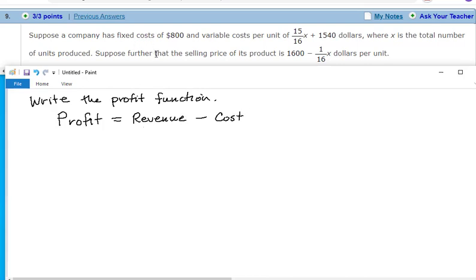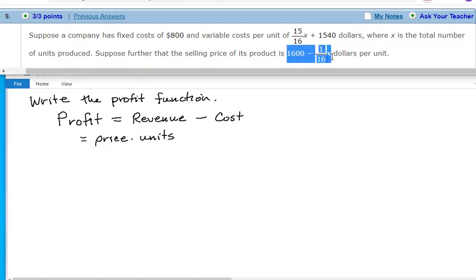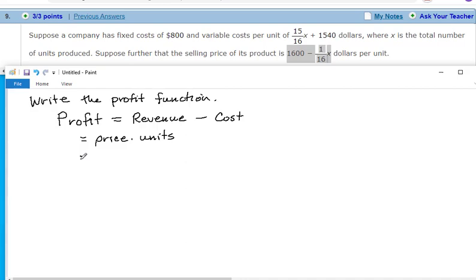Do we have a revenue function given? No. Okay, well then revenue is price times the number of units. Do we have that? Yes, the selling price is a formula for this problem. So for the selling price, I'll plug in 1600 minus 1/16 x, and then that needs to be times the units, which is also x. Now I've built the revenue function. Take away, do we have a cost function?